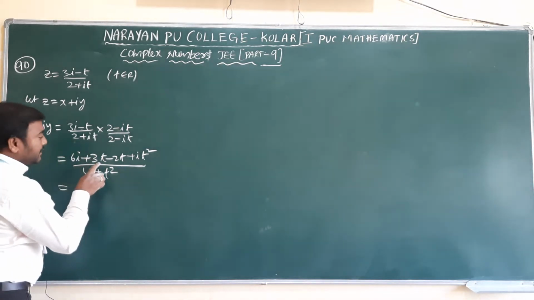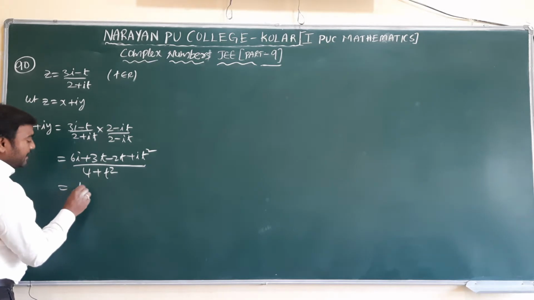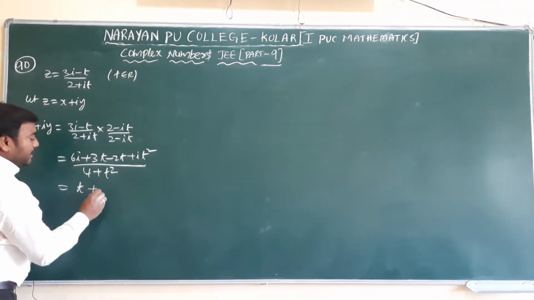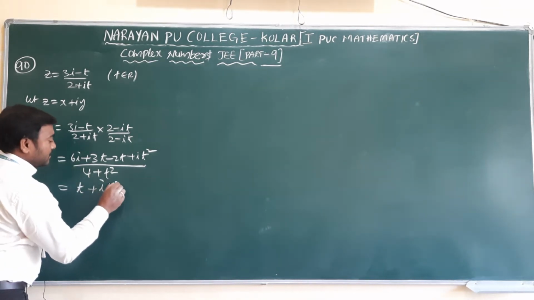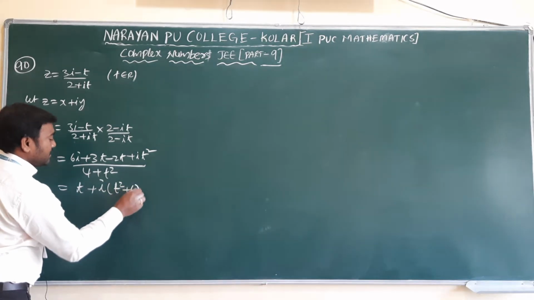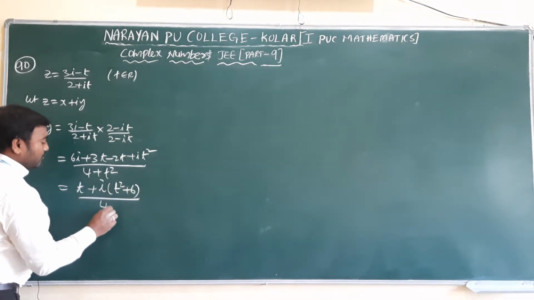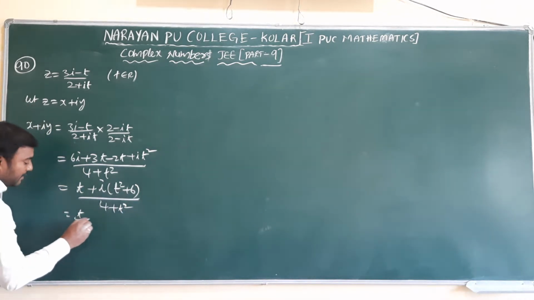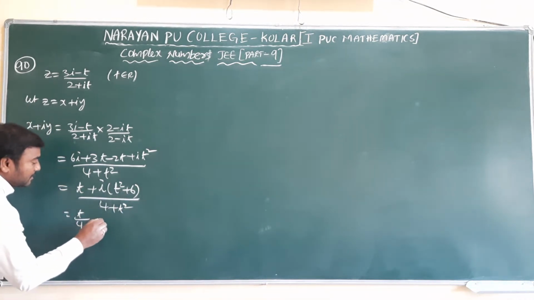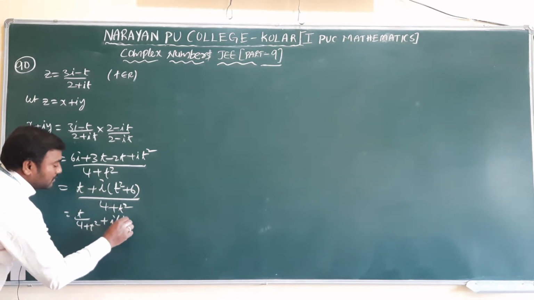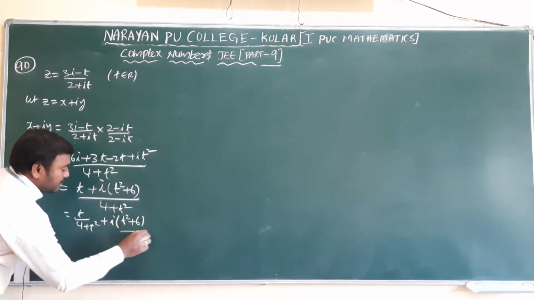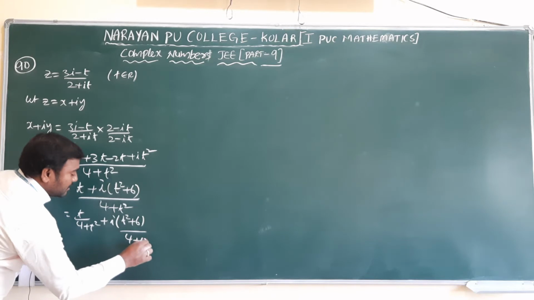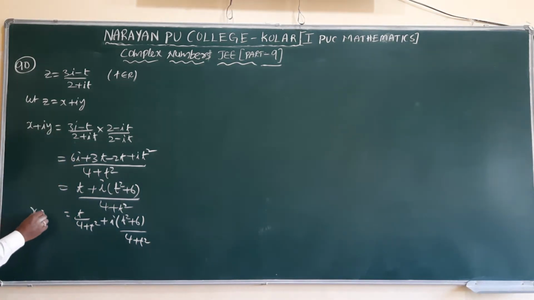Here 3t minus 2t, where t plus we take i common, remaining t square plus 6 divided by 4 plus t square. Here t divided by 4 plus t square plus i into t square plus 6 divided by 4 plus t square, but here x plus iy.